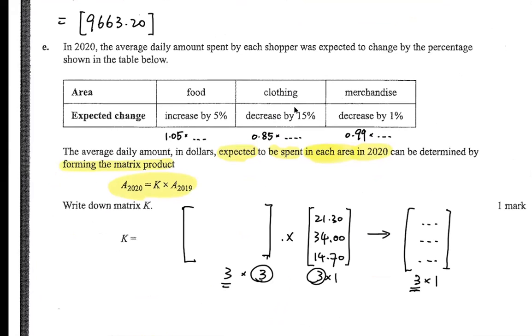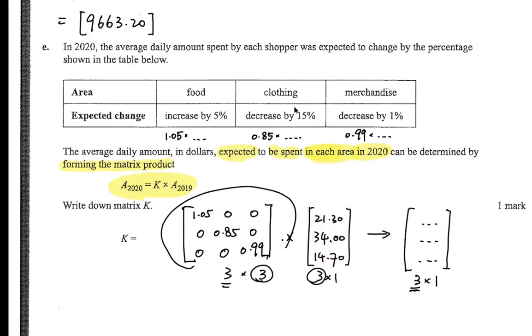And if we put a 0 here, and put a 1.05 here, you can see this number will be multiplied with that, plus 0 times that, plus 0 times that, which will only give you 21.30 multiplied by 105%, resulting in the increased price afterwards, okay? Using the same logic, we can say 0, 0.85, 0, and then 0, 0, 0.99, okay?